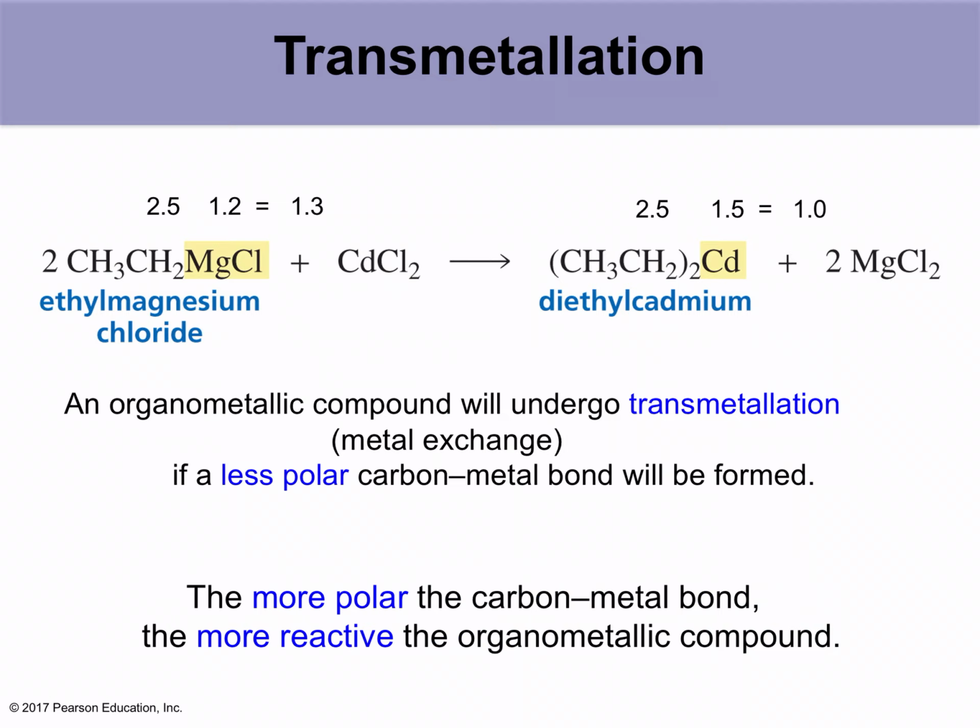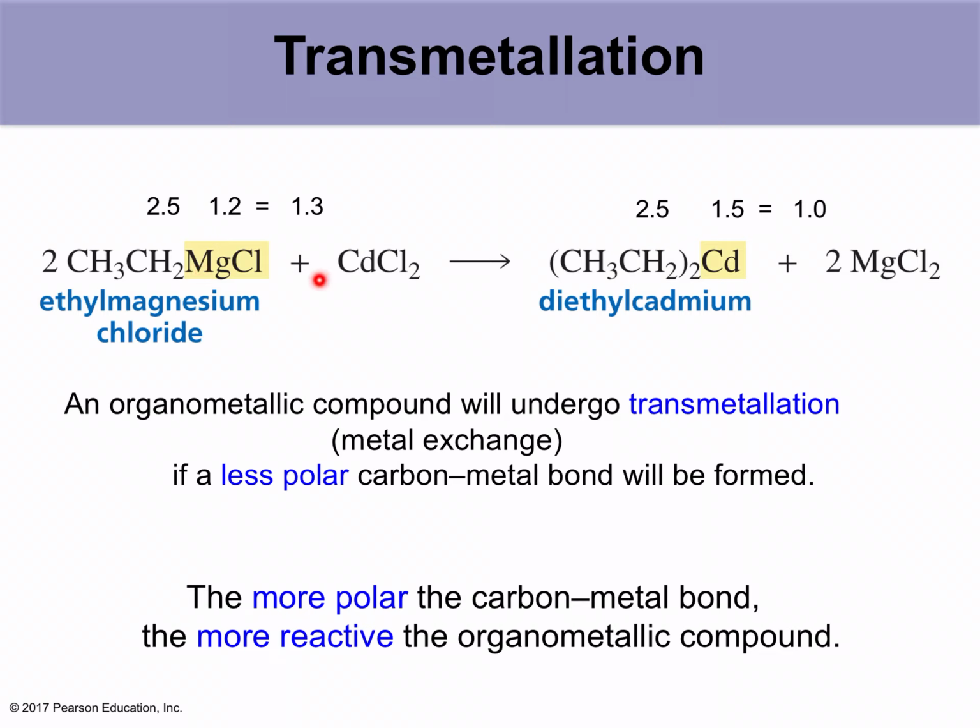Transmetallation means now you can exchange the metal part. Let's say this is your ethyl magnesium chloride. You react it with another metallic compound, cadmium chloride, and you can replace magnesium by cadmium.